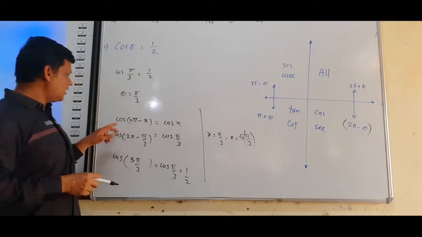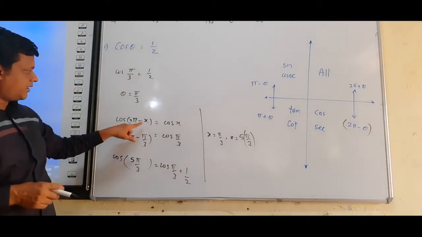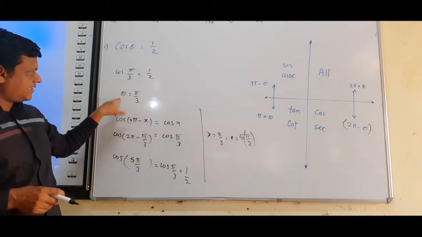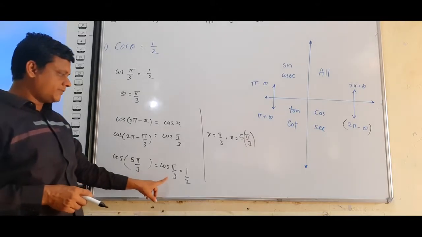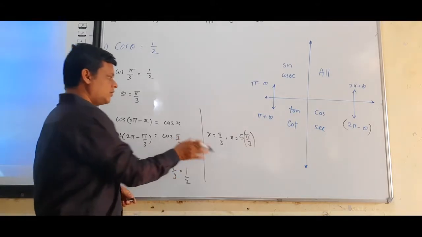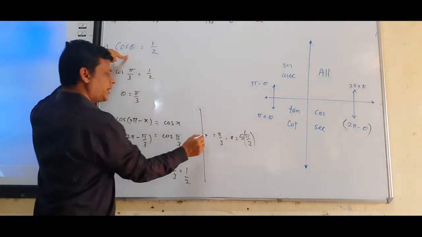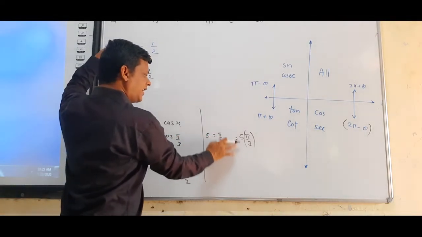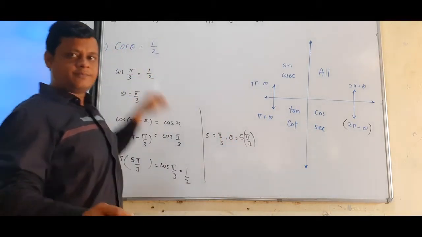From that formula, cos 2 pi minus x equals cos x. So after replacing this x with pi by 3 we get cos 5 pi by 3 equals cos pi by 3 equals 1 by 2. You have to write the answer in theta form, so theta equals pi by 3 and theta equals 5 pi by 3.